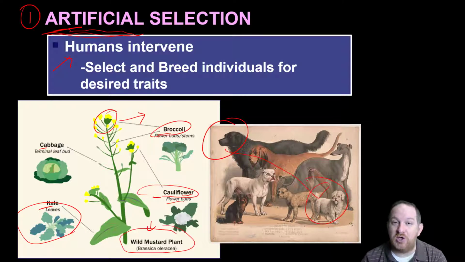If we wanted to make a really small dog, we'd take the runts of all the litters and breed those, and then take the runts of the next litter and breed those, and over time you could see how we could get different breeds of dog because we intervened. This is all called artificial selection because it's us humans intervening.